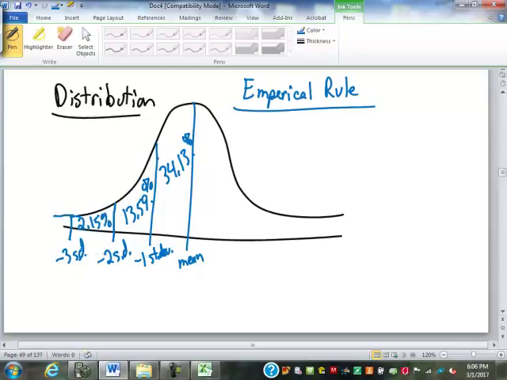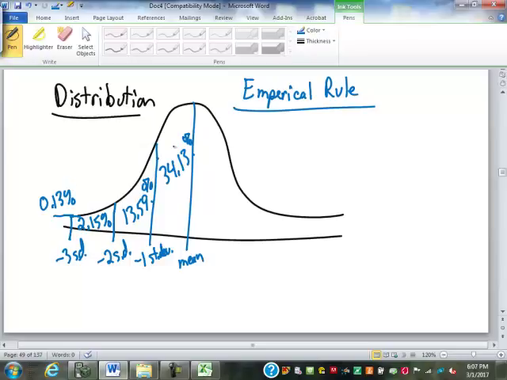And below 3 standard deviations, I'll make this a little bit more clear. So further down than 3 standard deviations below the mean, we expect to only find 0.13%.